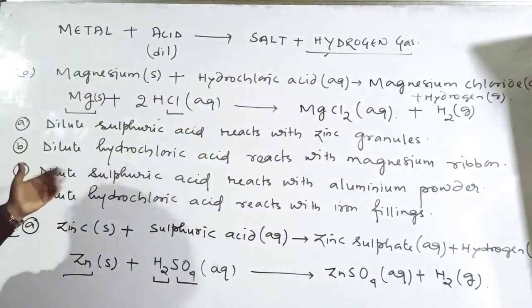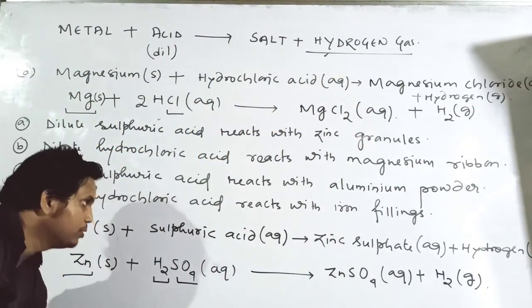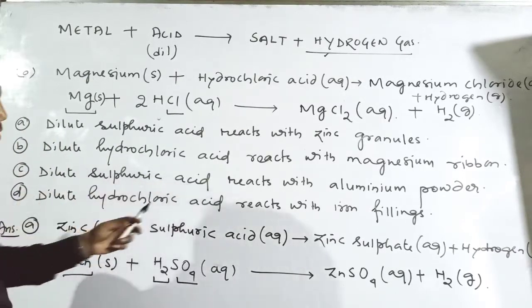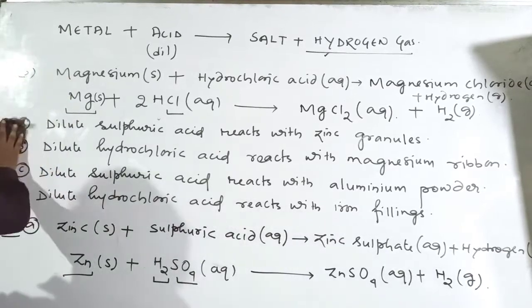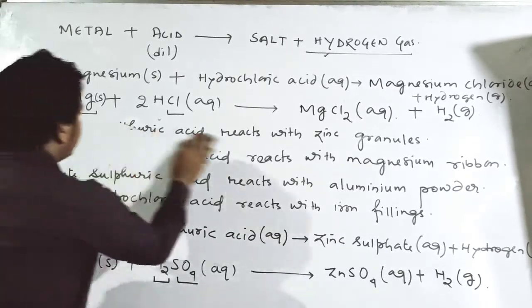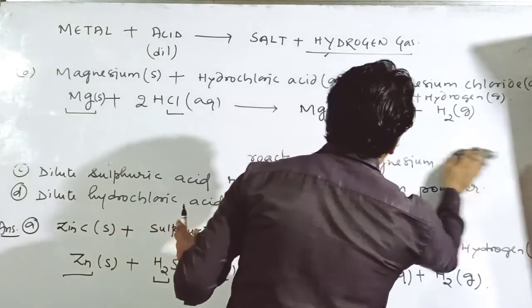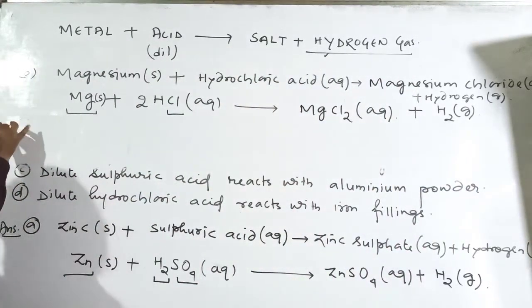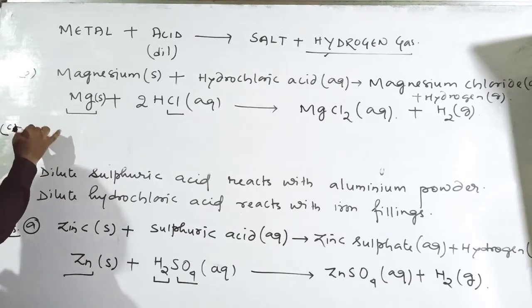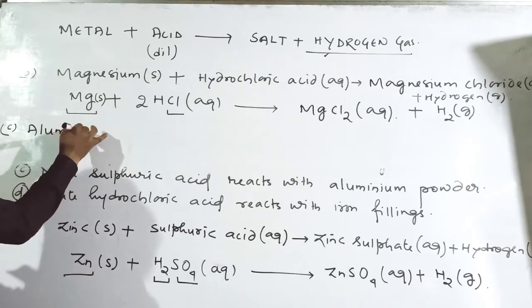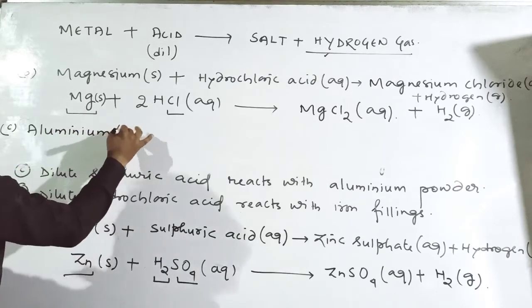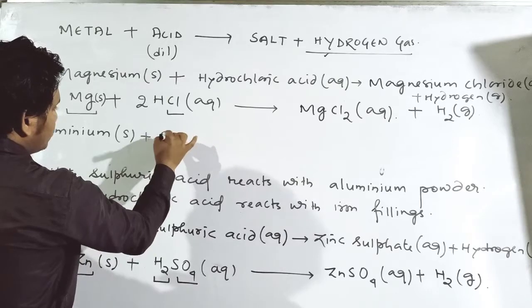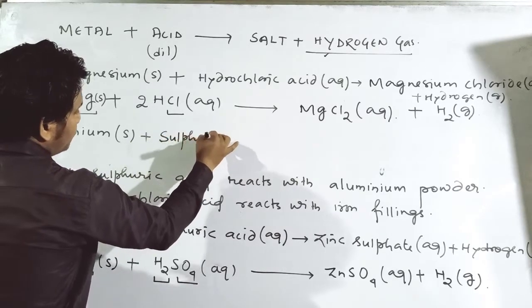In question C, it is asked: dilute sulfuric acid reacts with aluminium powder. So for answer C: aluminium plus dilute sulfuric acid.